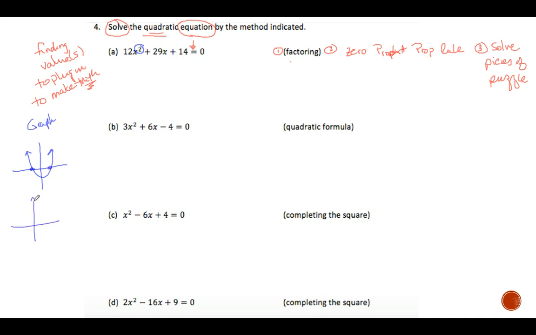They have 2 solutions, but the solutions are the same. They are repeated factors. Or they have no real solutions. Okay, like that or like this, right? Each one of these could be open, up or down, right?